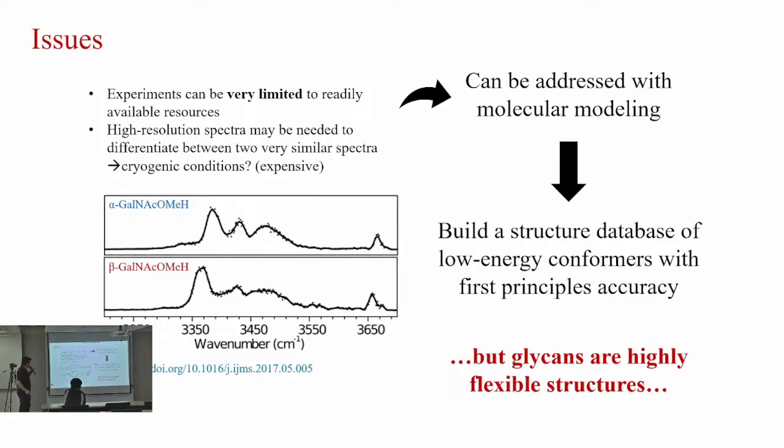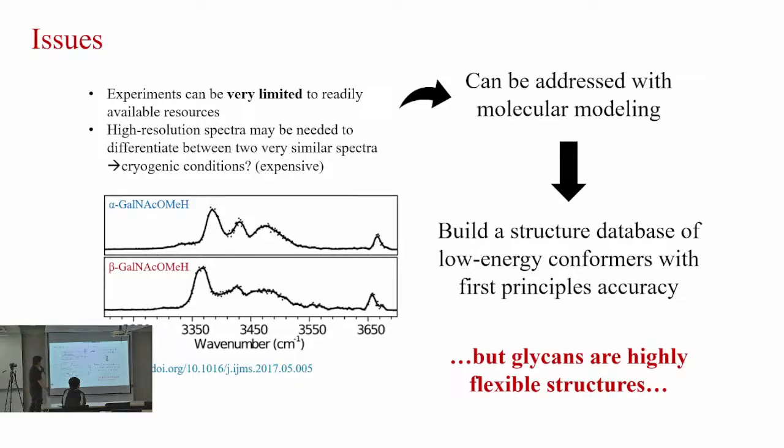The idea here is that if we can build a collection of these structures, or a structured database of these low energy conformers, then we can make predictions that this peak here corresponds to the bond stretching of this particular low energy conformer. Now the problem is that glycans, as I mentioned earlier, are quite flexible, and that would require more effort in sampling.